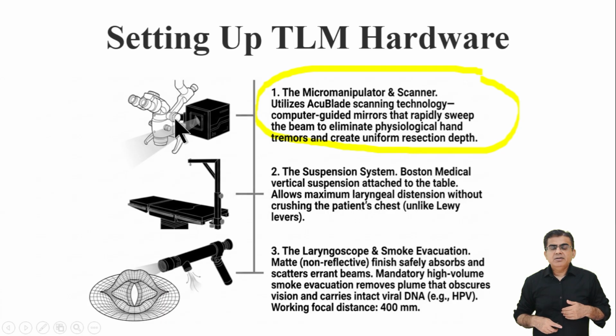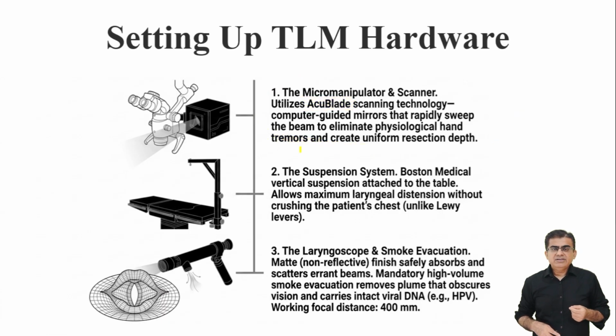It uses a special computer technology called AccuBlade. This system uses tiny mirrors to quickly move the laser beam back and forth. This is extremely important because it completely removes any natural shaking from your hands. It helps you create a perfectly smooth and even cut every single time.